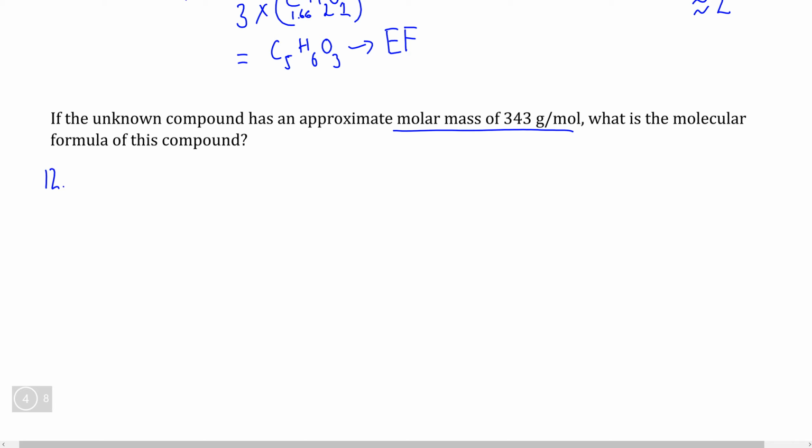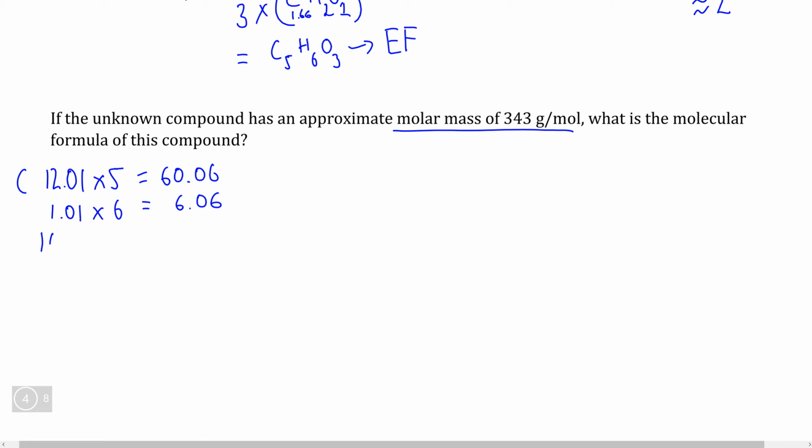So we know the molar mass of carbon is 12.01, and our empirical formula has 5 carbon atoms. So 12.01 times 5 comes out to 60.06. Let's do the same thing with hydrogen, 1.01, and our compound has 6 hydrogens, which comes to 6.06.